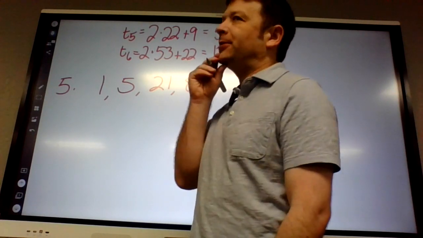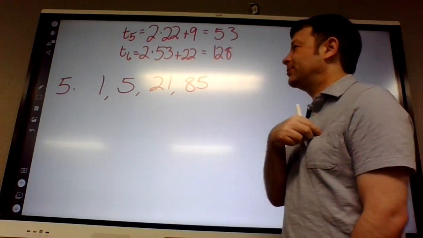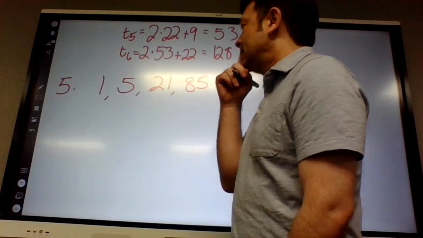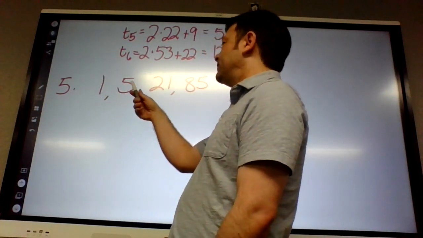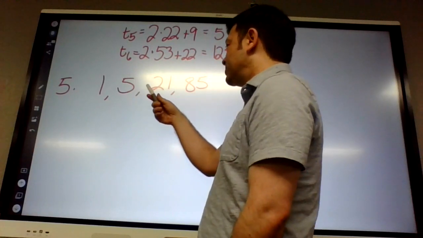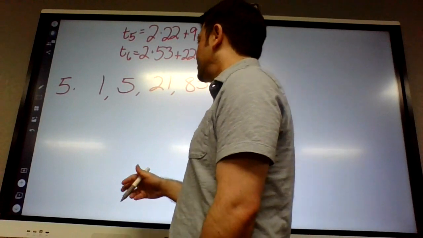You guys see the pattern? Times 4 and plus 1, yeah. So times 4 would give you like 4, plus 1 would get you up to 5, times 4 is 20, plus 1. So it's almost times 4, but it needs a plus 1 to help it out.